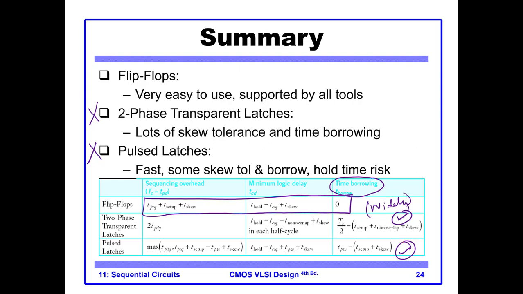It is 0 for flip-flops. That's why we have left out the time borrowing concept, but we have these formulas. The only ones that I have discussed are related to flip-flops, so you can expect some problems related to the application of these formulas. One example I have already solved in the previous lectures. So this is all that I have to talk about.